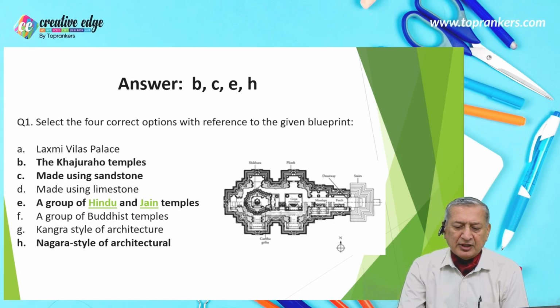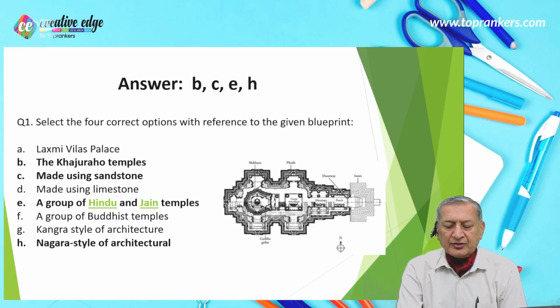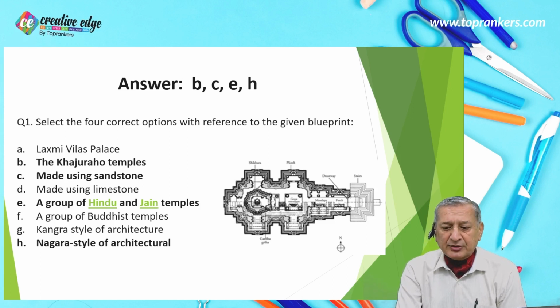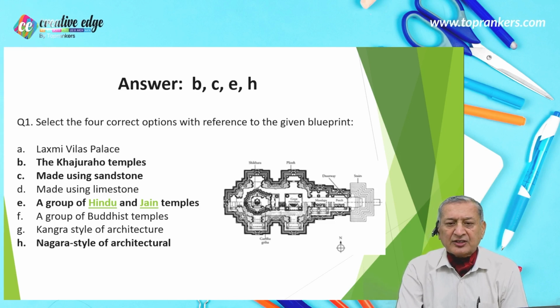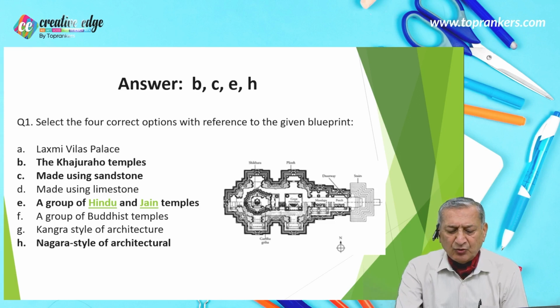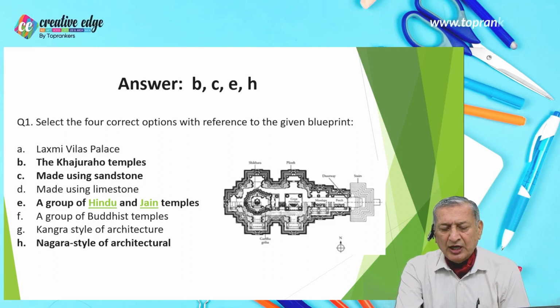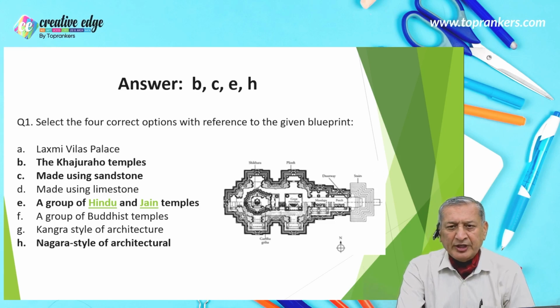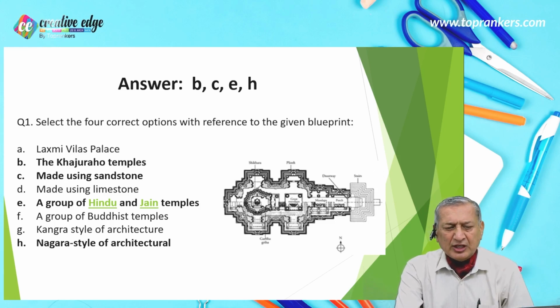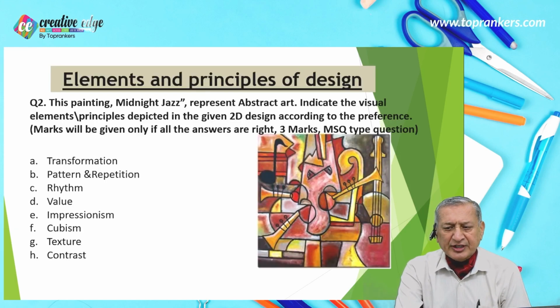The actual answer is that this blueprint looks like that of the Khajuraho temples made using sandstone, a group of Hindu and Jain temples, Nagara style of architecture. This is one kind, and out of about 8 or 9 types of questions or the syllabus that I have told you, I've only selected 3 of them to be answered here, just to give you a glimpse of how widely you should be studying it.